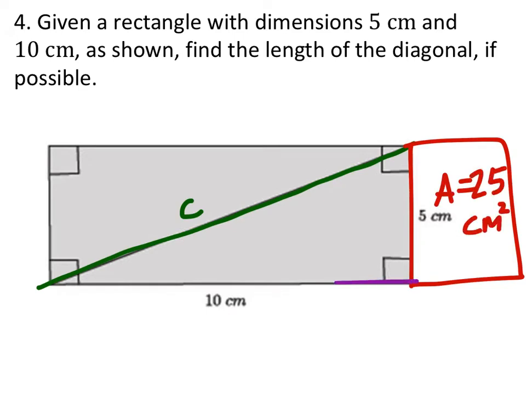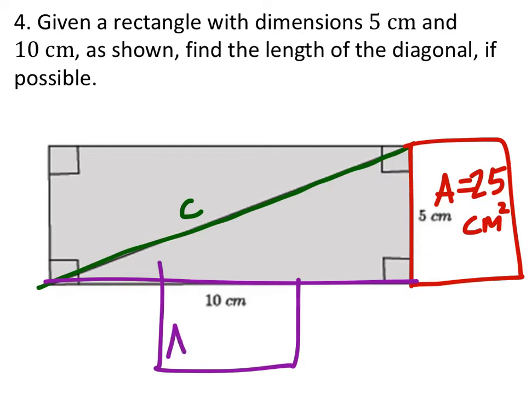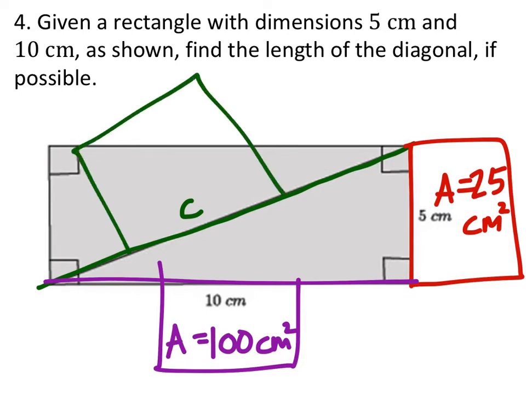And then I can look at this 10 right here. If I made that a square, its area would be 10 times 10, which is 100. Alright, so if I made this a square over here, I would take the two smaller squares, 25 and 100, add those together, and I get 125.